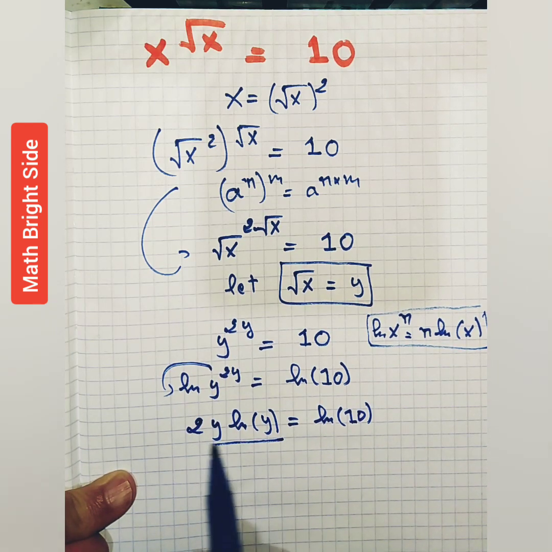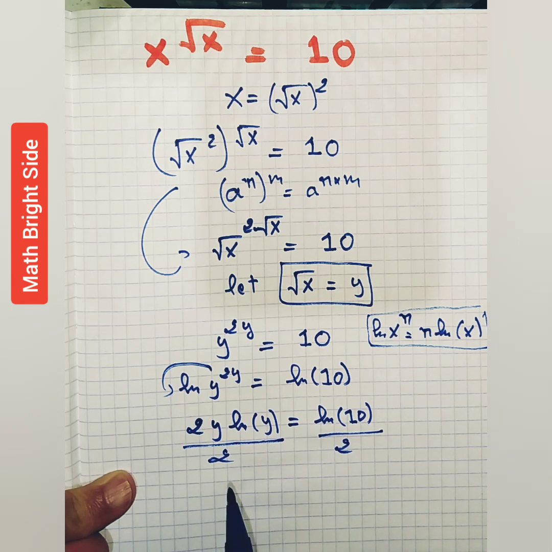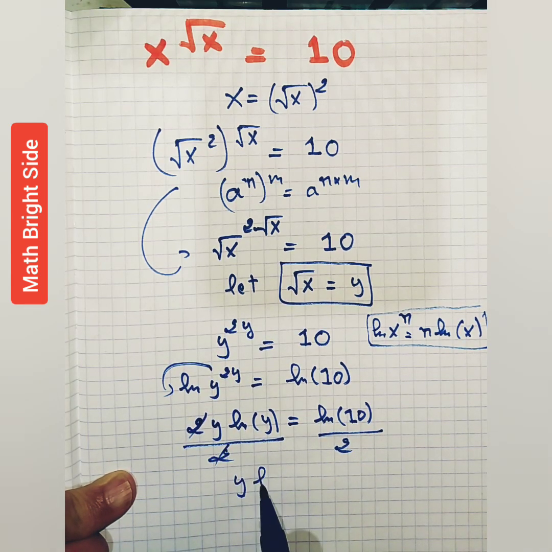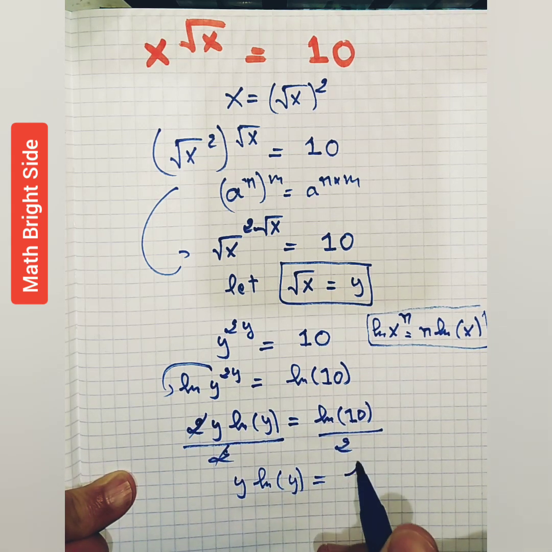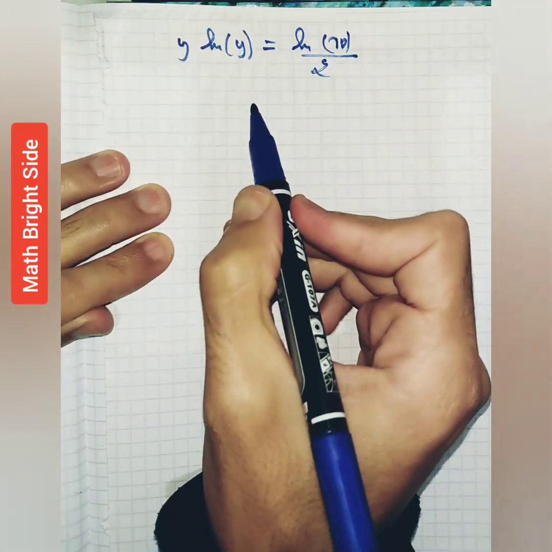Divide both sides by 2 and simplify, so y ln y equals ln 10 over 2.